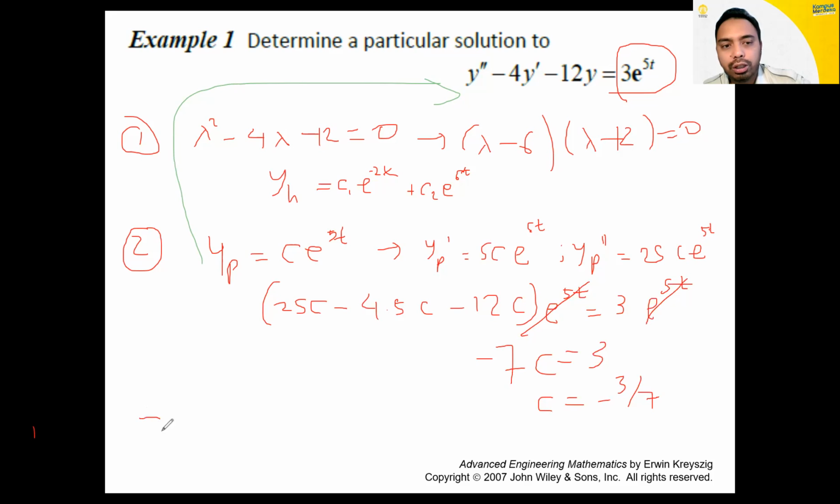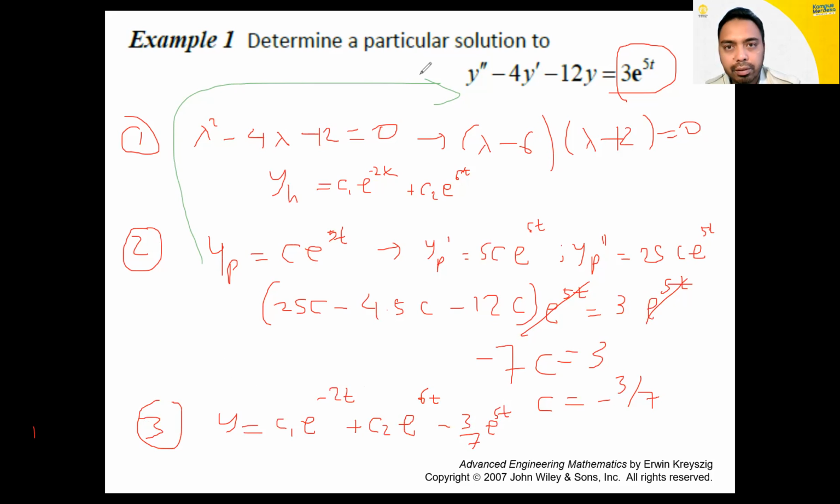So that your general solution, because we are not required to find a particular solution, is y equal to YH, which is C1 e to the power of minus 2t plus C2 e to the power of 6t, and then minus 3 over 7 e to the power of 5t.